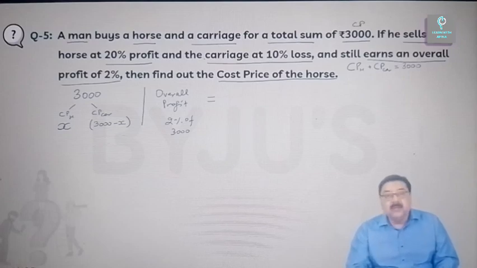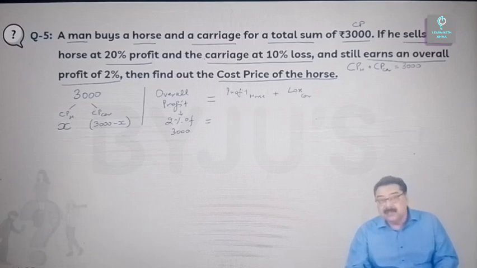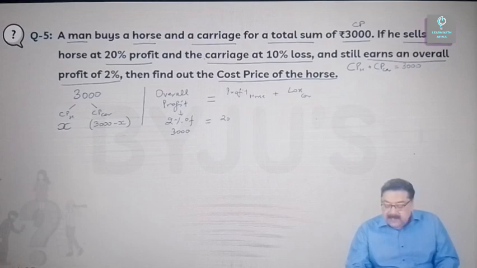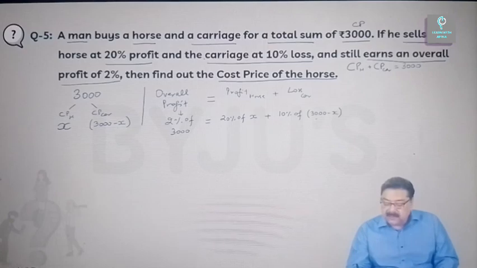Now this is equal to profit earned on selling the horse plus loss made on selling the carriage. So overall profit is 2% of 3000 and profit earned on selling the horse shall be 20% of cost price of horse we have taken as X, plus loss incurred while selling the carriage, that is 10% of the cost price of the carriage. Cost price of the carriage is 3000 minus X.